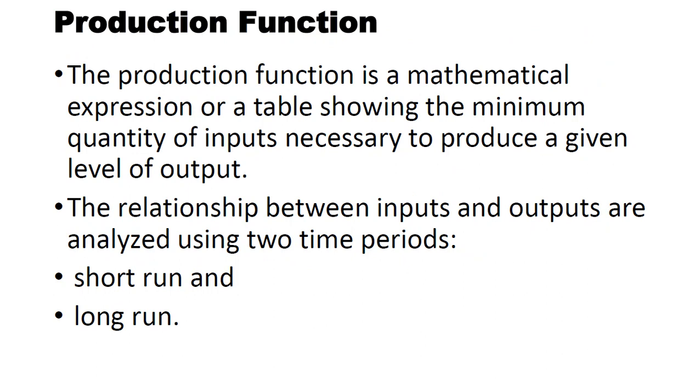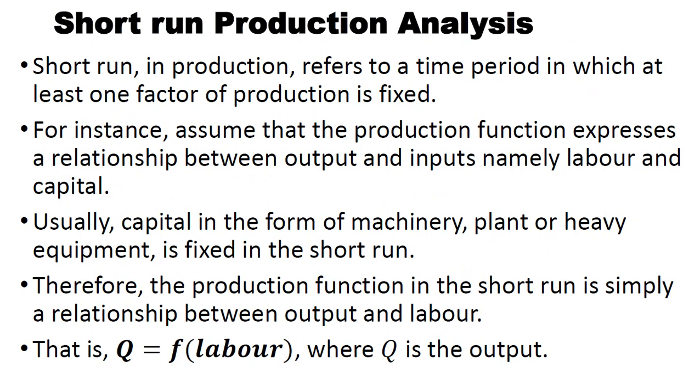But in the long run, all factors of production are variable. So that distinguishes the short run from the long run. In the long run, all factors of production can be varied in order to produce some level of output. So we will now focus on short run production.